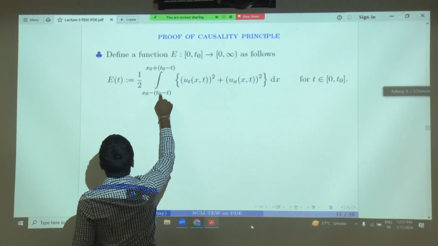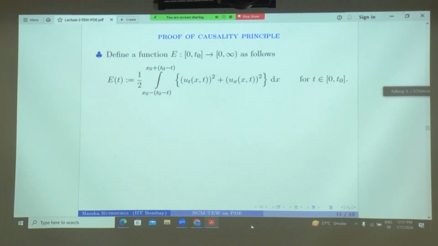If you remember, these two points are essentially these points here. Please try to look at it carefully. It's x naught minus t naught minus t and x naught plus t naught minus t. In the very beginning, when we introduced this triangle picture, we told you that when t is equal to 0, this is just these points.